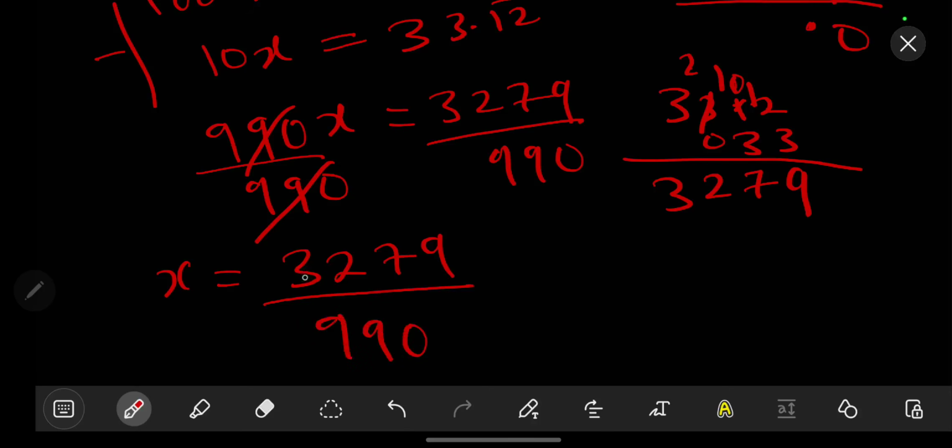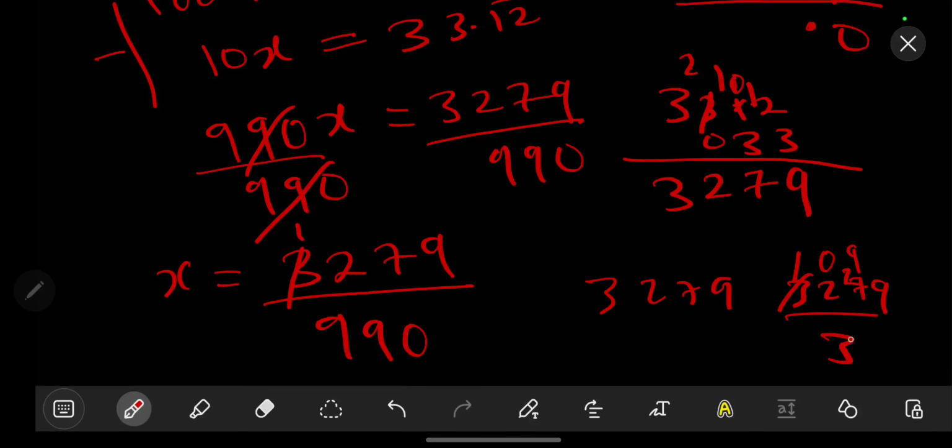Let's divide throughout by 3. We are dividing 3279 by 3. 3 into 3 is 1. 2 divided by 3 is 0, so the 2 is carried over. 27 divided by 3 is 9.